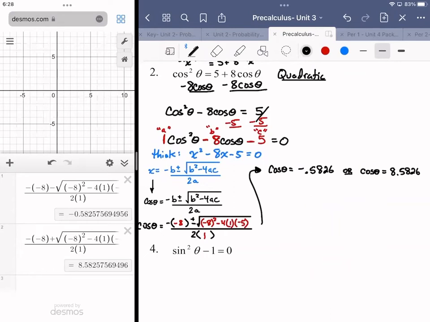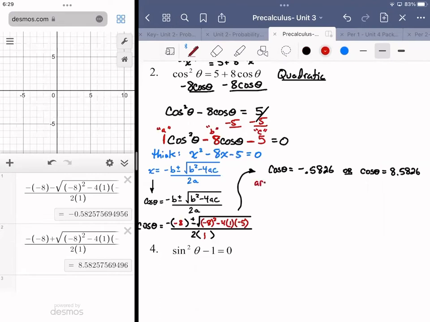So then what we would do, and we talked about this last time, is if we want to find the result for theta when it's contained within a trig function, we find the inverse of both sides of that trig equation. So this would be saying the arc cosine or the inverse cosine, whichever notation you prefer.